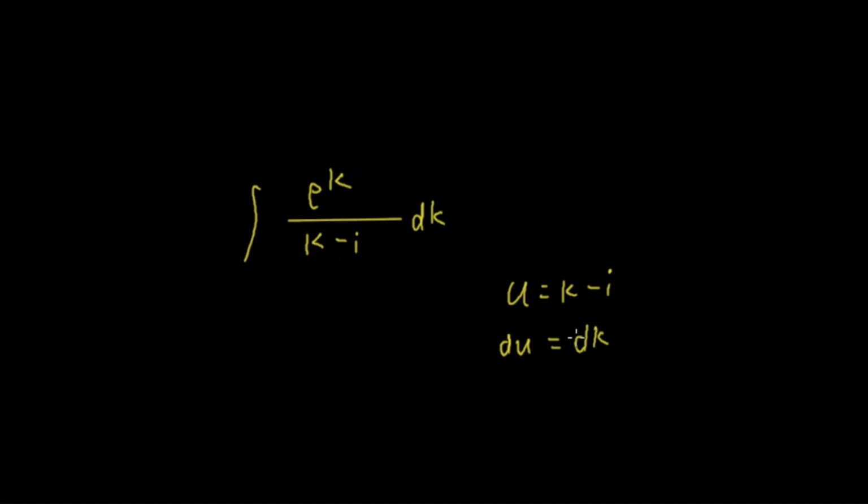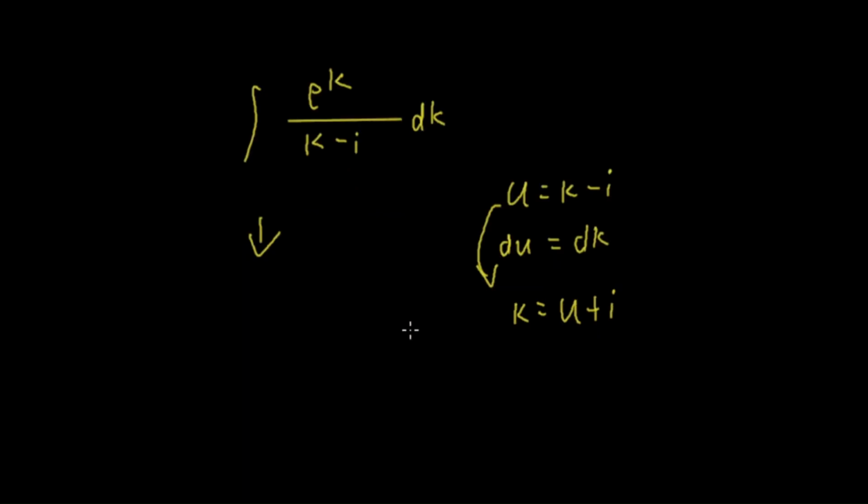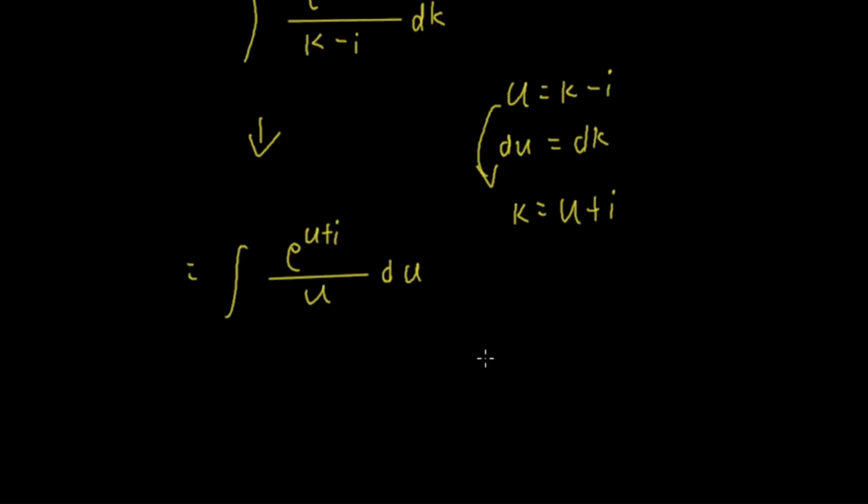No problem, k is equal to u plus i. We add i to both sides. So this one here will become integral of e to the u plus i over u du.